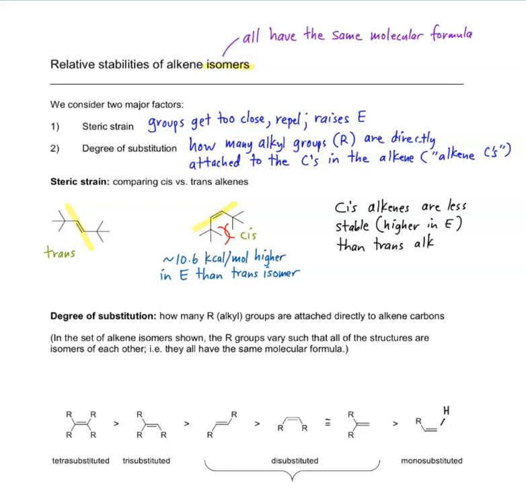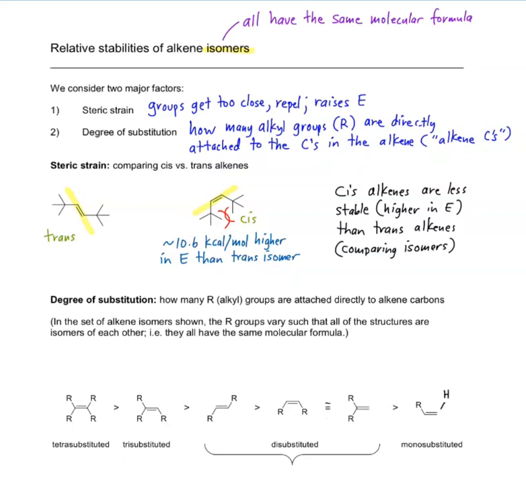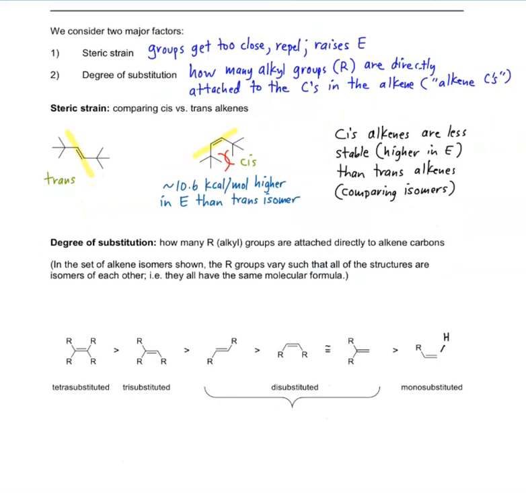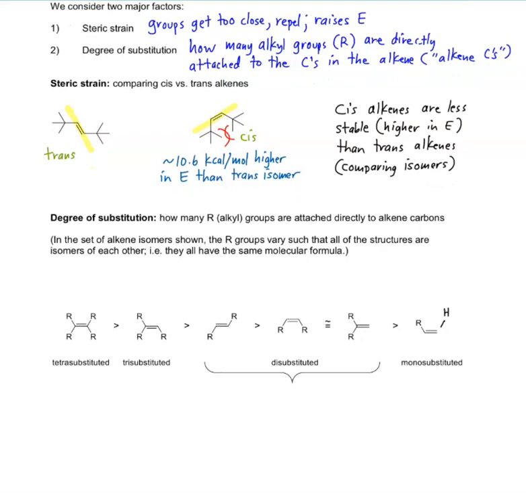Now remember, we have to be comparing apples to apples. So we have to be comparing two compounds that are isomers of one another, or more than two compounds, but they have to be isomers of one another. Okay, so that's steric strain. That tells us that trans is more stable than cis because the groups are farther apart in the trans compound, so they can't get too close.